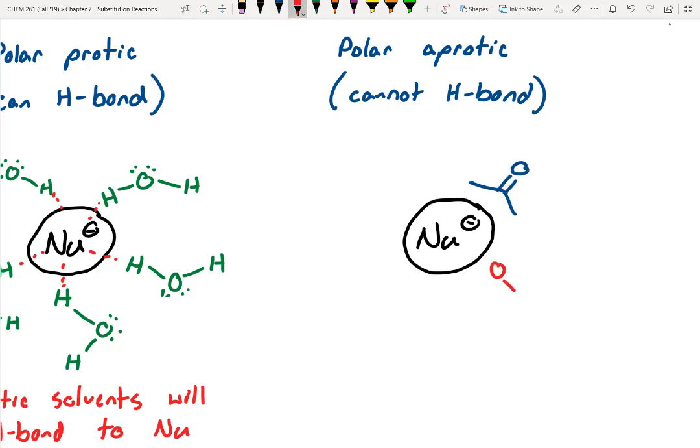My question is, does acetone orient itself so that its legs are facing the nucleophile or the oxygen? Why the legs? Yeah, if we think about this, it's got a net dipole, so we prefer to orient so that the partial positive side is closer to the negative charge on our nucleophile. So it kind of forms this staggered orientation around it.